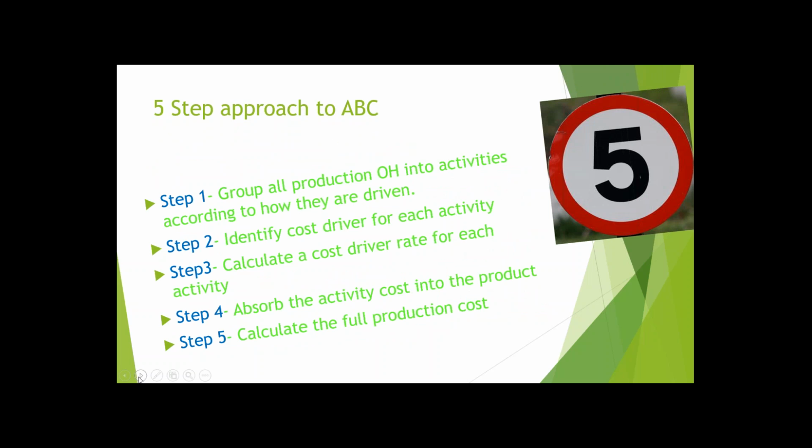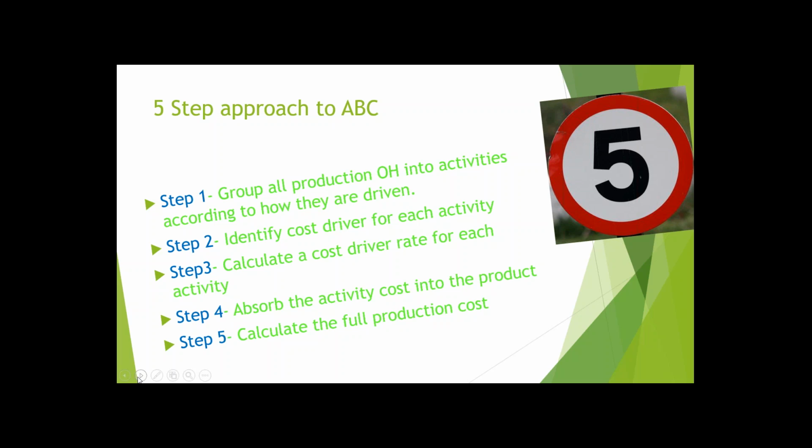So basically, the ABC approach goes through 5 steps. First of all, production overheads are grouped into activities. So it's not a question of putting it to the finance function, HR function. We look at a couple of activities and try to identify every expenditure into one of those activities.